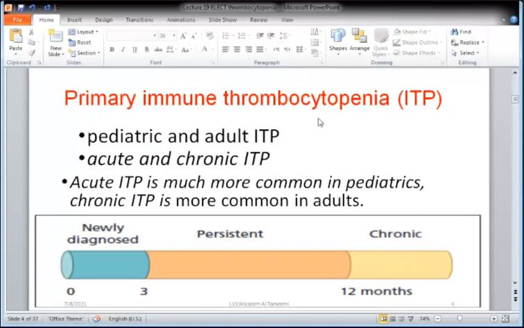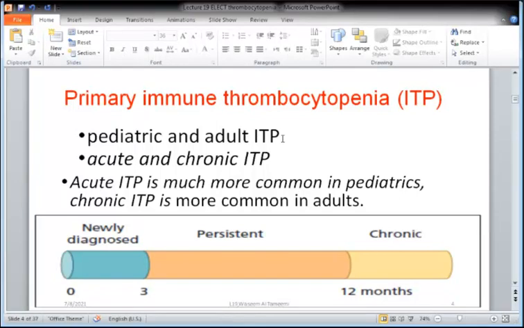Primary immune thrombocytopenia is classified into two types according to the onset. We may have acute onset immune thrombocytopenia or chronic onset immune thrombocytopenia. We may also classify ITP according to age incidence into two types, pediatric ITP and adult ITP. But this is rather an old classification.